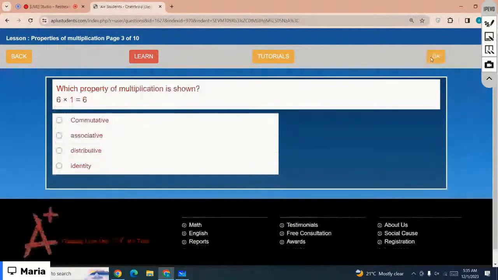Which property of multiplication is shown? Commutative, associative, distributive, or identity? Which property it is?